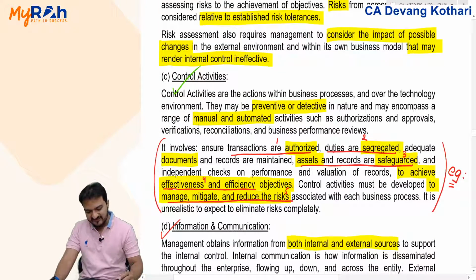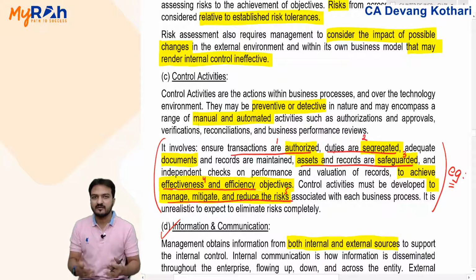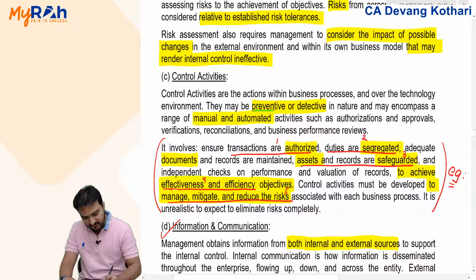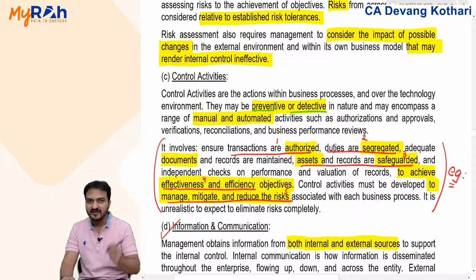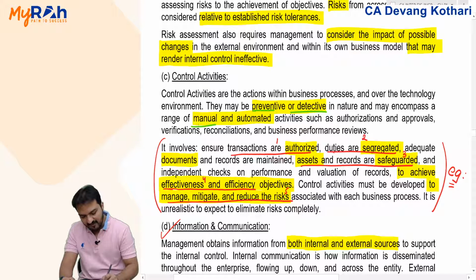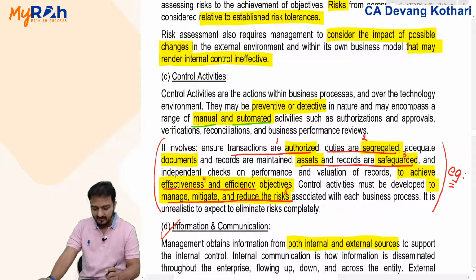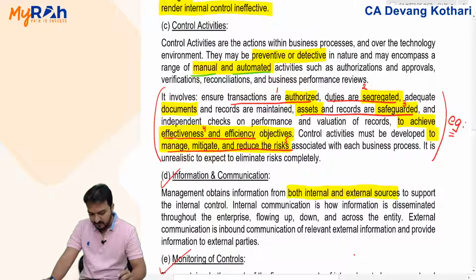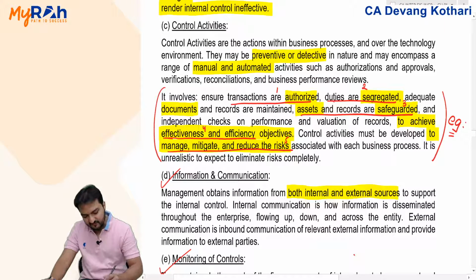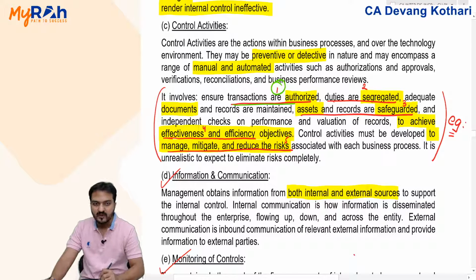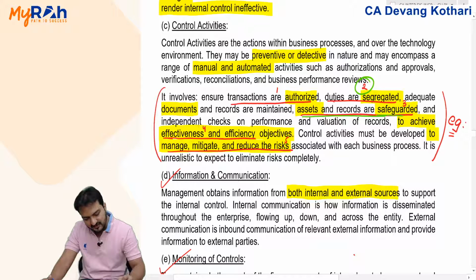Control activities is basically to implement the controls. Controls might be preventive or detective controls. We've done that in chapter 3. Controls might be manual or automated controls. We did that initially. And it involves checking whether the transactions are authorized or not. Number one, check whether duties are segregated. Segregation of duties you need to check. You need to check whether assets and records are safeguarded.